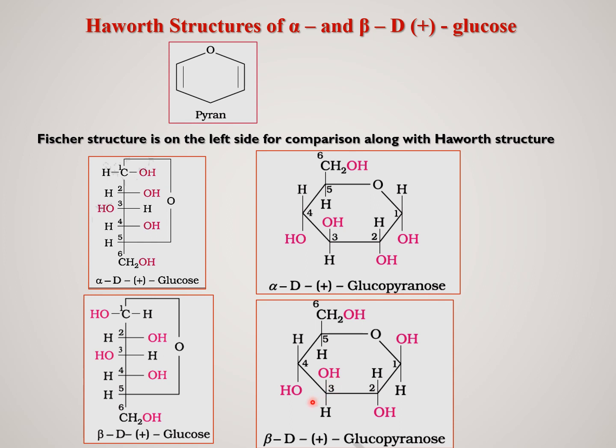So this is how you understand the configuration of the glucose molecule alpha D plus glucose in reference to the pyranose ring, so it is called alpha D plus glucopyranose. The other one is beta D plus glucopyranose. These are the Haworth structures of glucose.